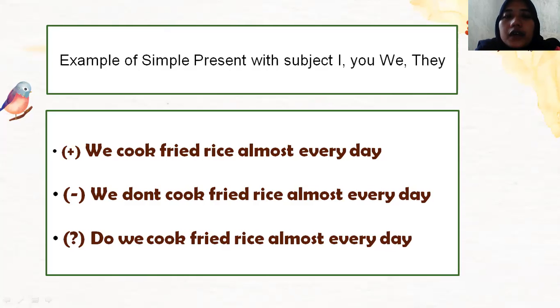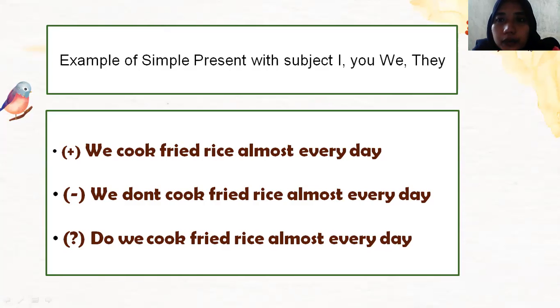Examples of simple present with subject I, you, we, they. For the example, positive: we cook fried rice almost every day. We can look at the example. The subject I, you, we, they, we don't use s or es.